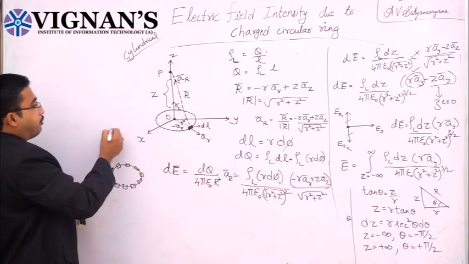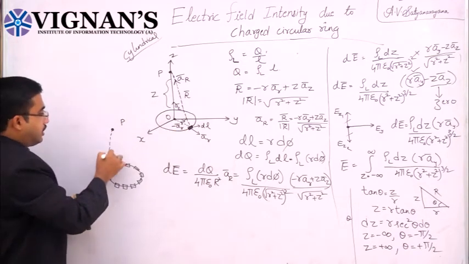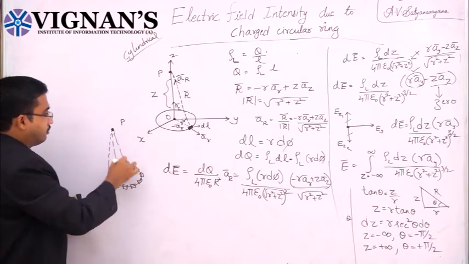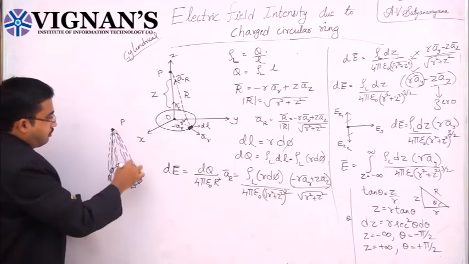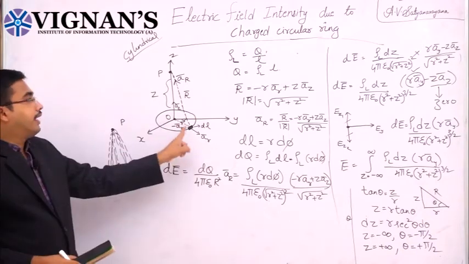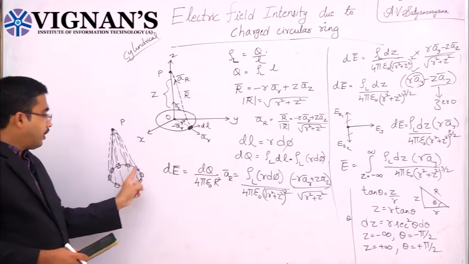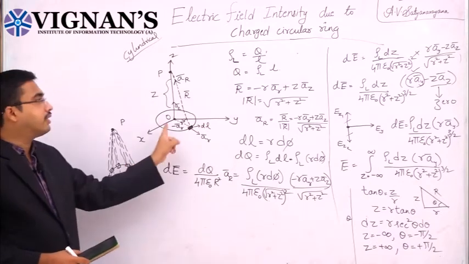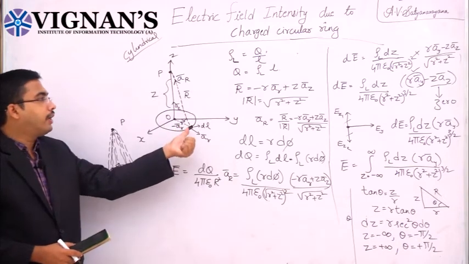Now at point P, what are the distances you can mark? See, the addition of these small differential length dl's gives the complete length of the charged circular ring.